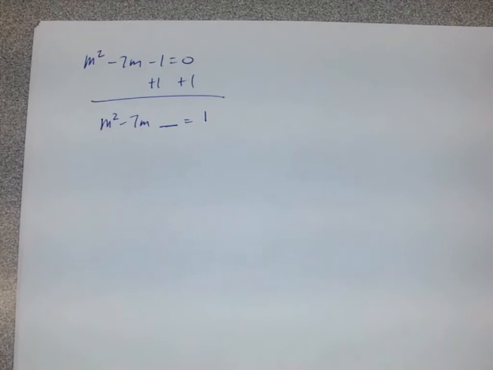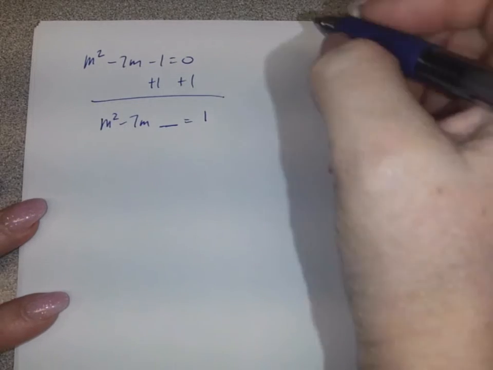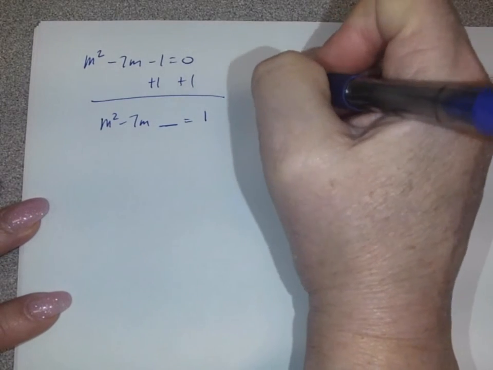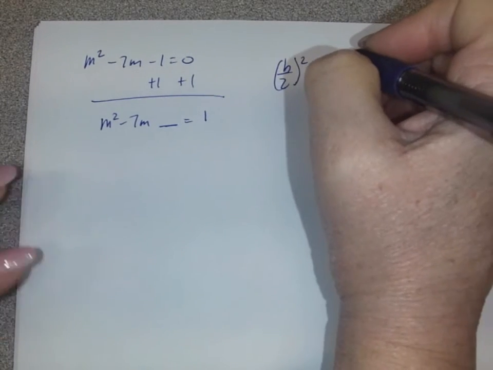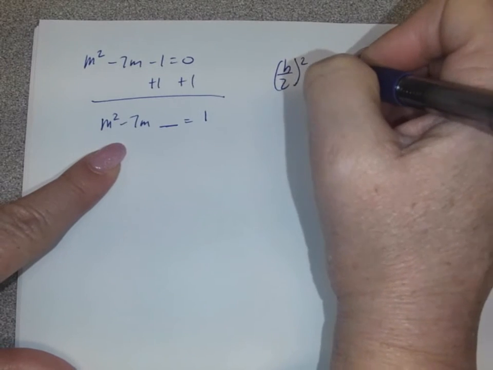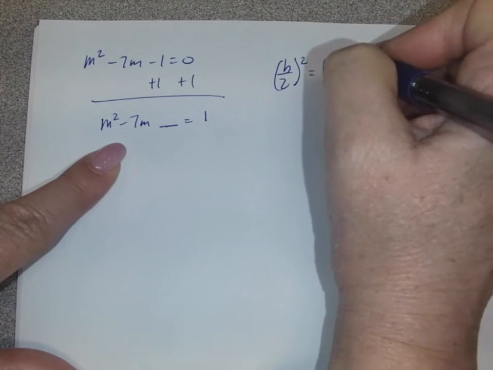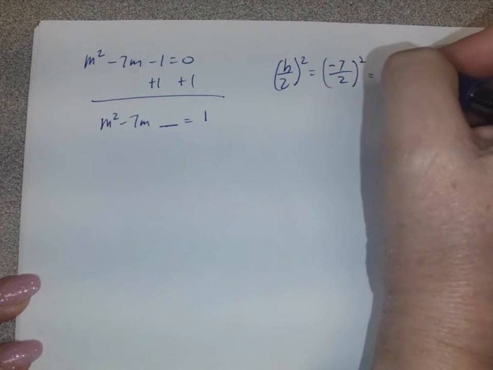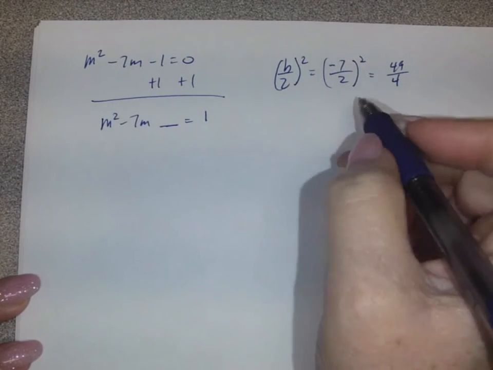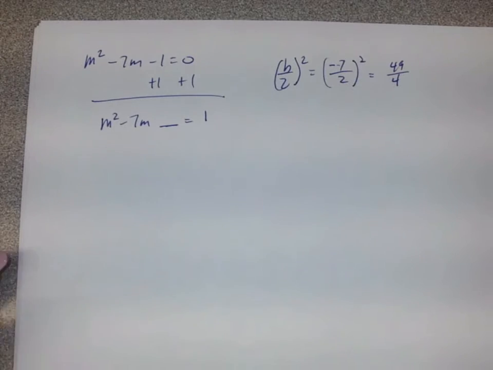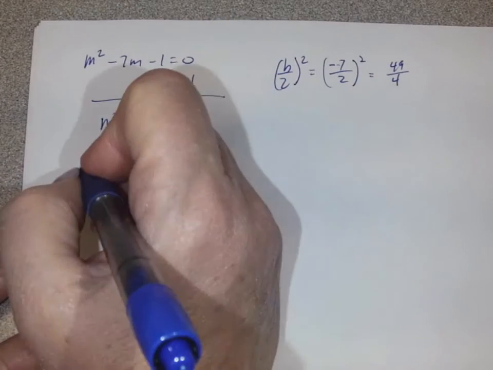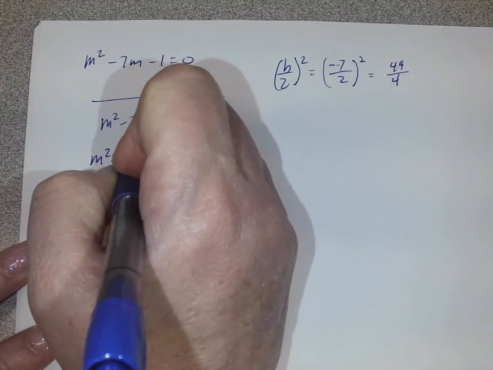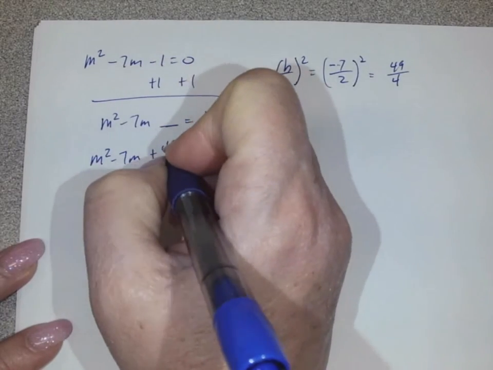So our b over 2 squared, our b is negative 7, over 2 squared. That won't reduce, but when we square it, we get positive 49 over positive 4. Because we're squaring both terms, you'll always add a positive value over here. So m squared minus 7m plus 49 over 4 equals 1 plus 49 over 4.